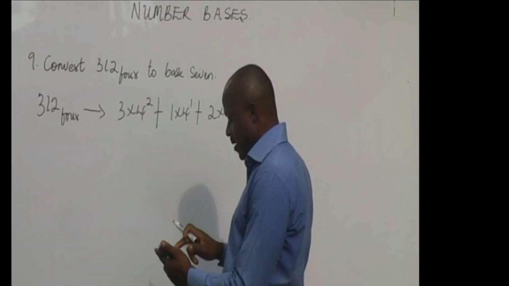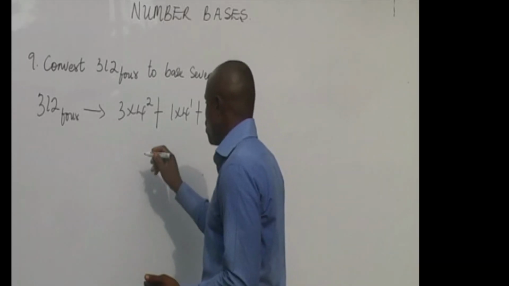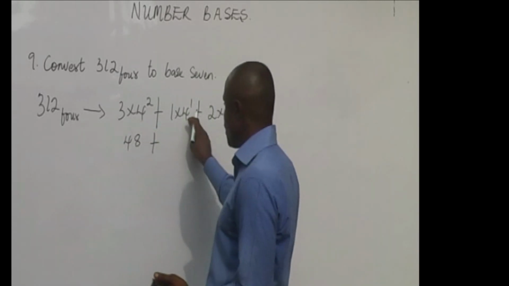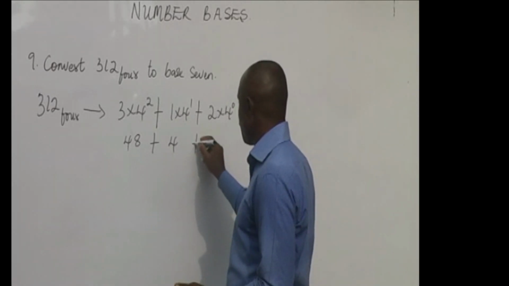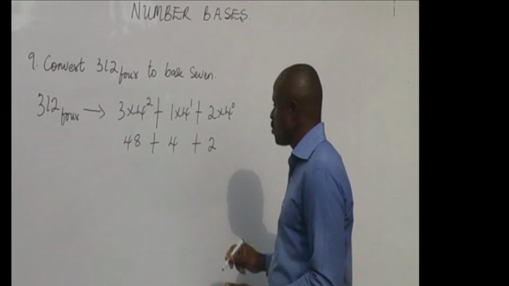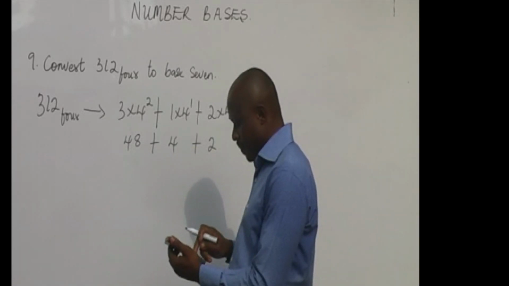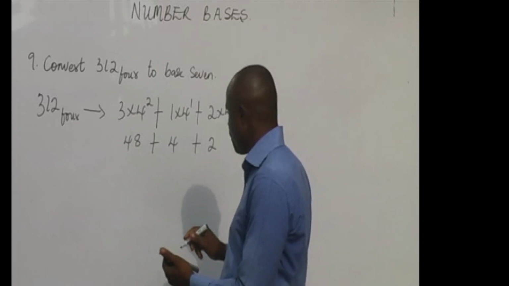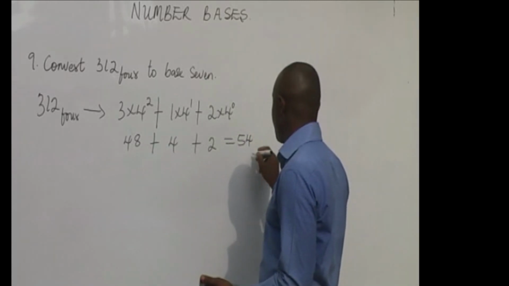Now 16 times 3 is 48. So we have 48 here, plus 4 exponent 1 is 4, times 1 will give you 4, plus 4 exponent 0 is 1, times 2 is giving you 2. So we have 2 plus 4, 6. 6 plus 48, 54. So what you have here is 54 in base 10.